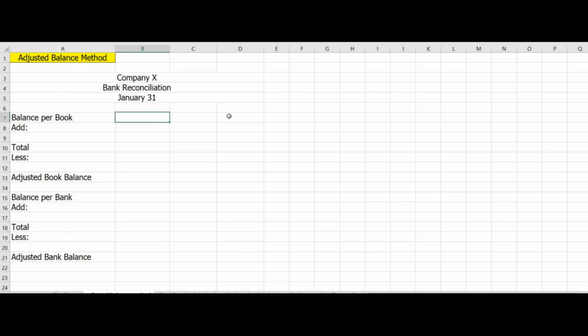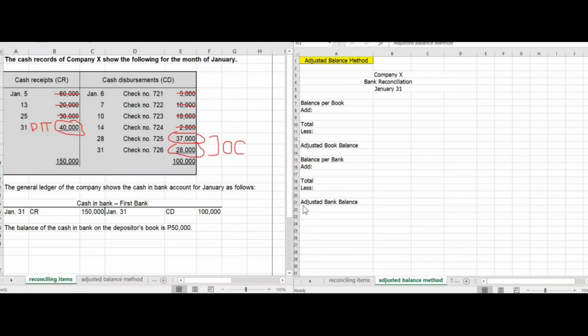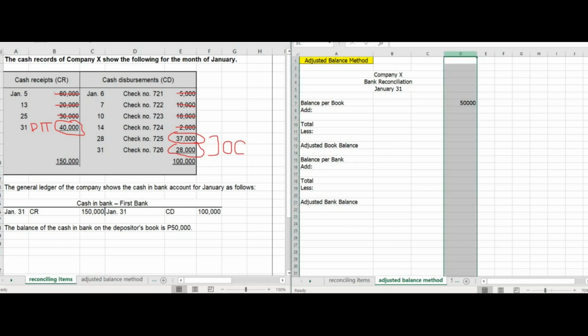So, di ba, kanina, we already determined the balances, no, per bank and per book. So, if we are to recall, magkano nga ba yung balance natin per book? Okay. So, again, no, yung balance ng ating book ay 50,000 as we have determined kanina. So, encode lang natin.